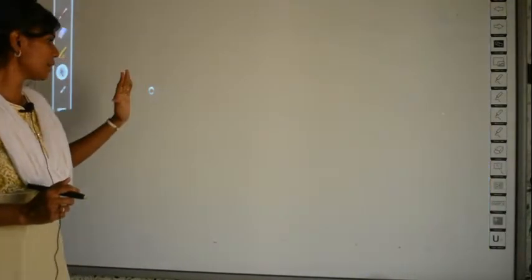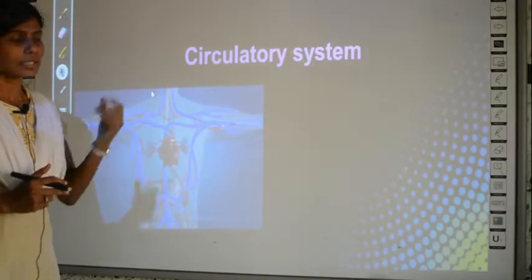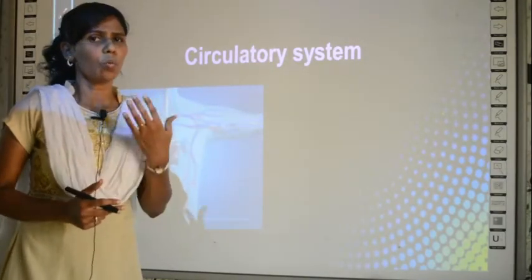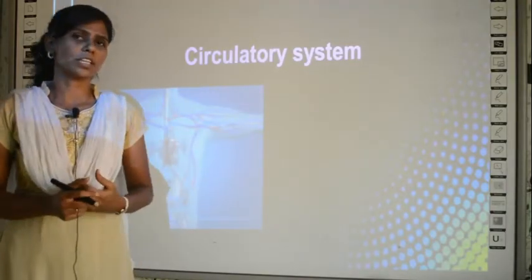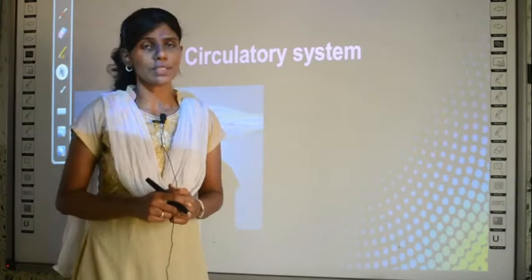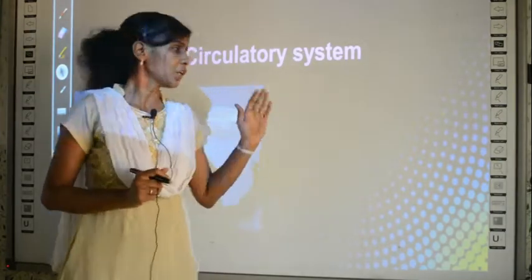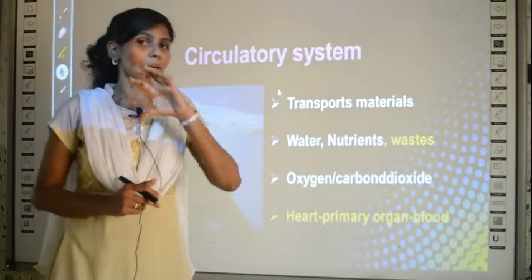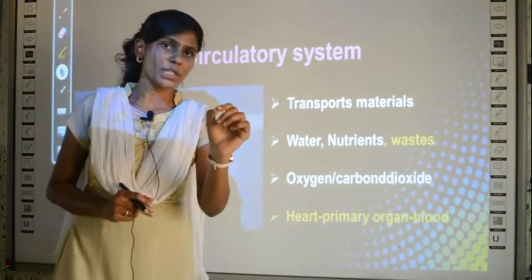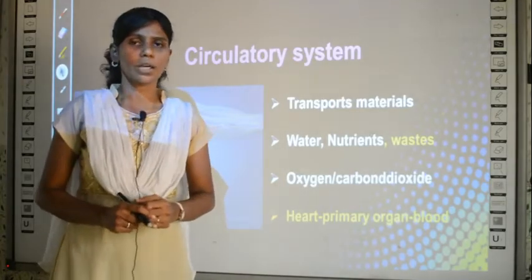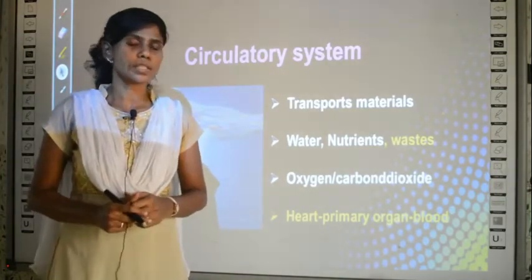Before learning about heart structure, since the name of the lesson is circulatory system, you should know what a circulatory system is. To your understanding, the circulatory system is something which can transport materials. Some system in your body which is responsible for transporting certain materials is called the circulatory system.